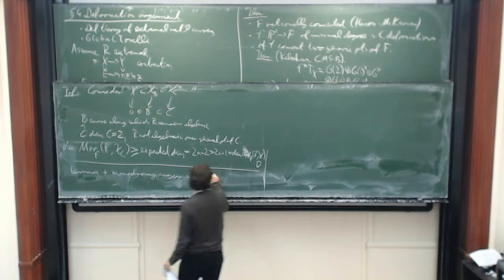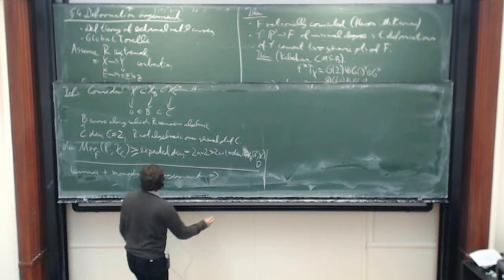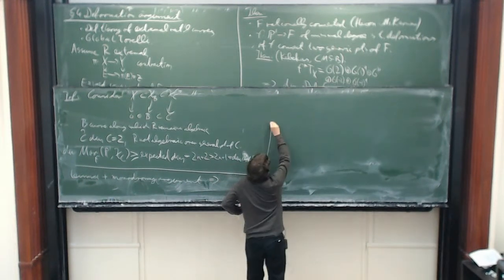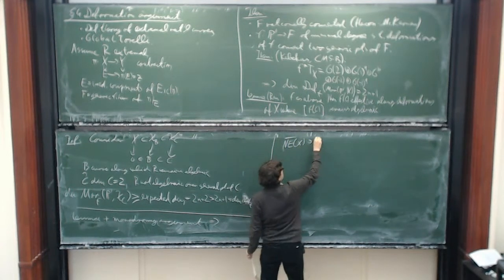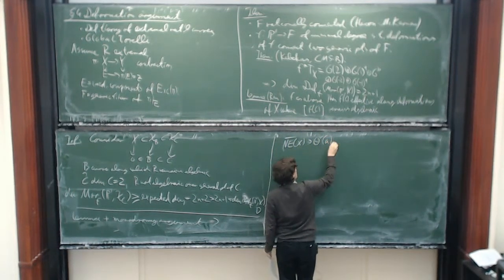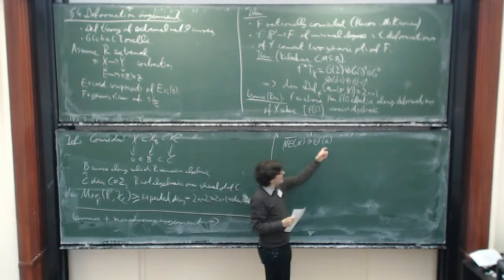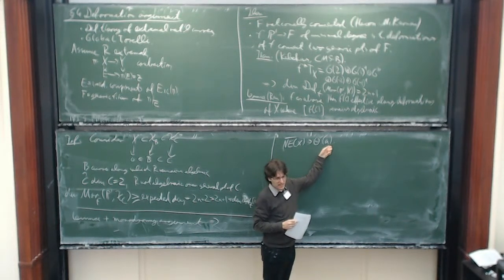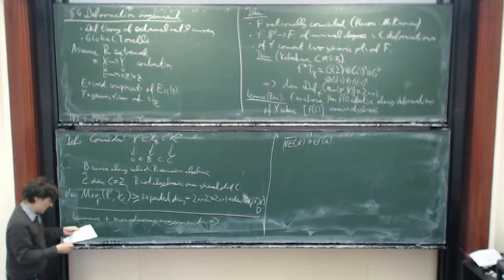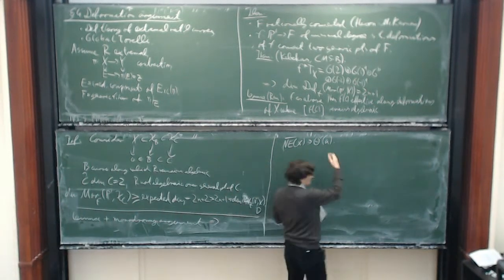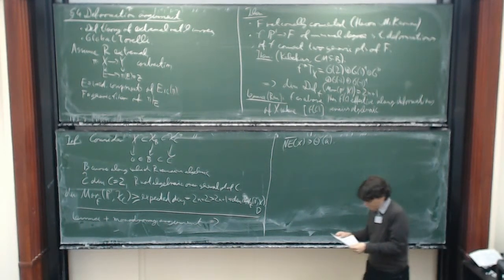So this shows that the Mori cone contains these classes. The idea is to deform X to a Hilbert scheme where we know that this class is effective. And if we could also assume that this class is extremal, then we would be done. This can be done by changing the monodromy and going to a different birational model.